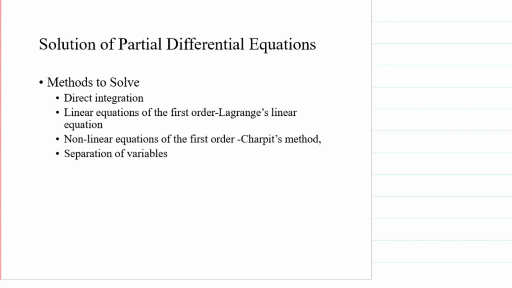We'll be using each of these for different cases, where direct integration is the simplest method, Lagrange method is used for solving linear equations, generally of first order, Charpit's method for non-linear equations of first order, and separation of variables is used for solving most kinds of equations.